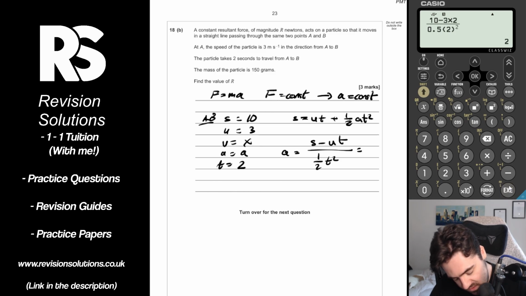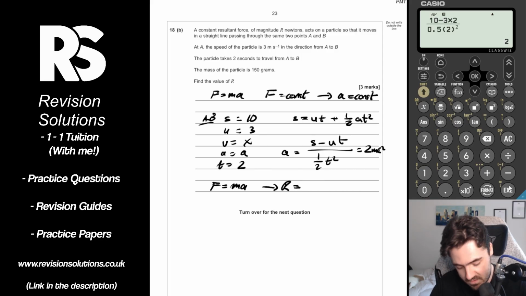That gives us 2 meters per second squared. Then using F equals ma to find r, that's going to be r equals the mass as 150 grams. We need to convert that into kilograms, so that's 0.15 kilograms times our acceleration of 2, which is just going to be 0.3 newtons.